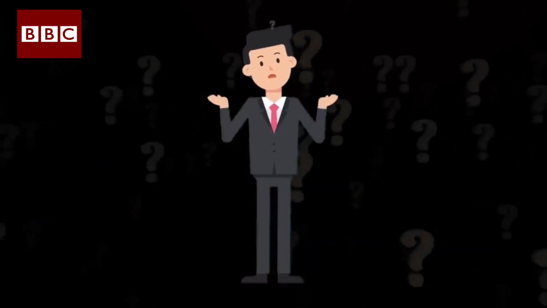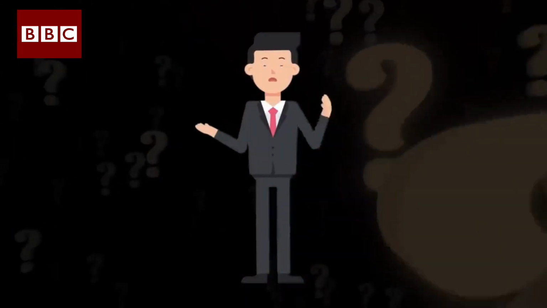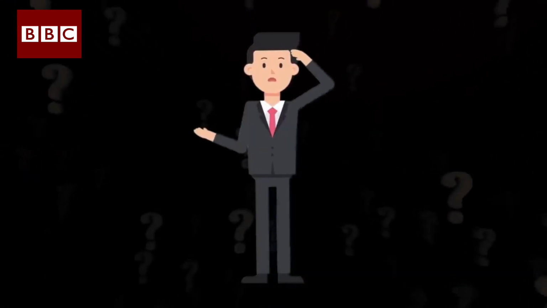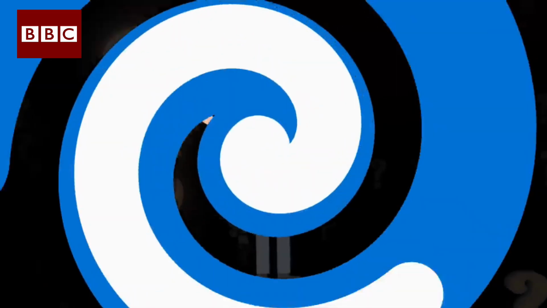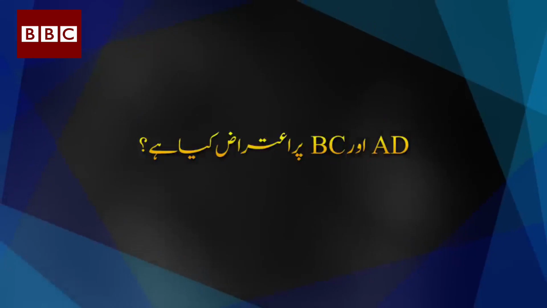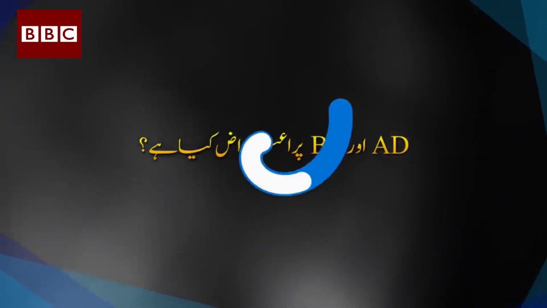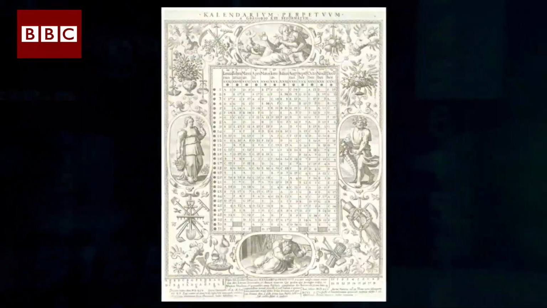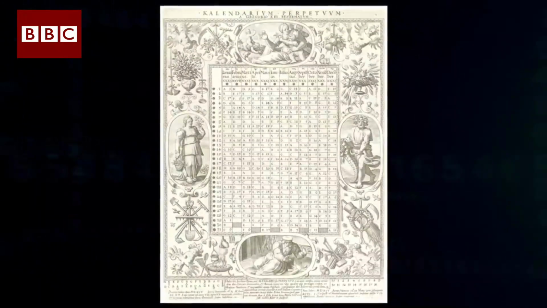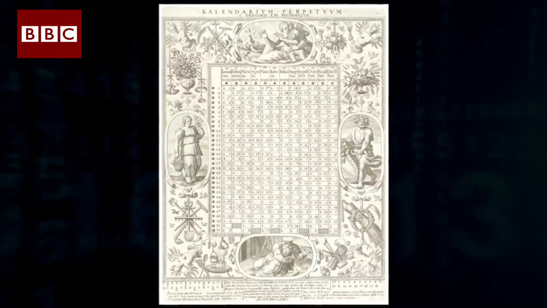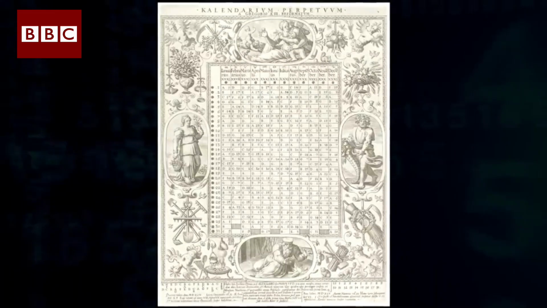But the question arises why it is written like this. Why was it necessary to introduce a new system similar to the existing one? What is the objection to AD and BC? Our current calendar, called the Gregorian calendar, is the most widely used in the world, and it was also founded under the AD-BC system.